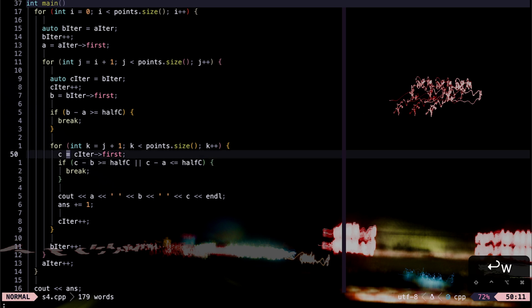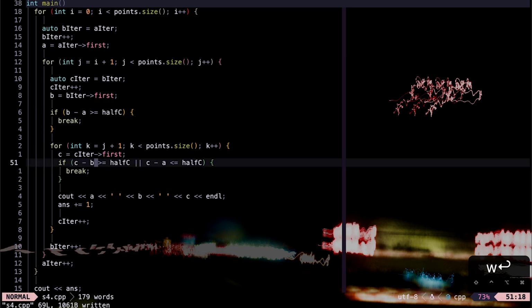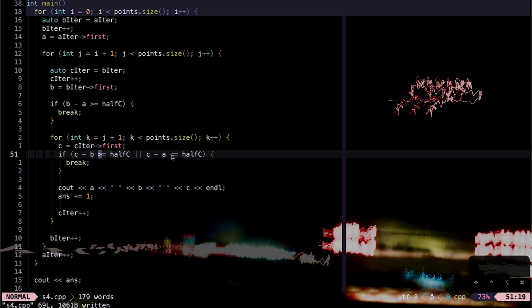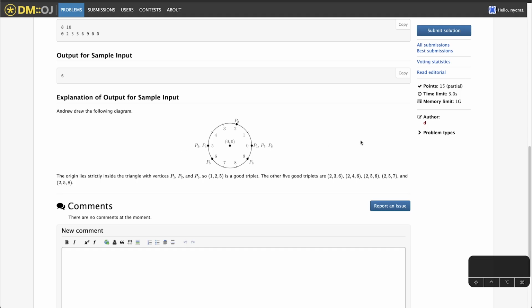Here we check B and A. Here we check C and B. And here we check C and A. And C and A obviously is 0 and 6, and 6 minus 0 is 6. 6 is not less than 5. So why doesn't it work?